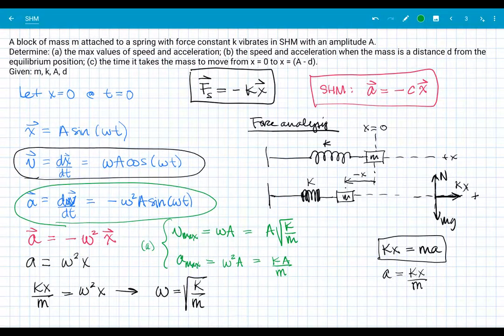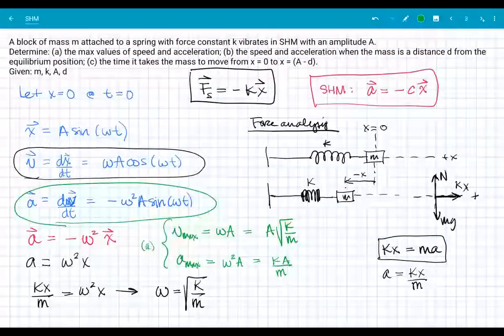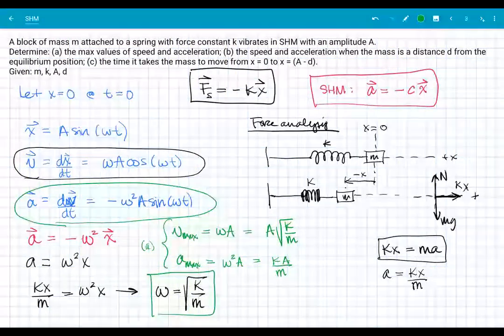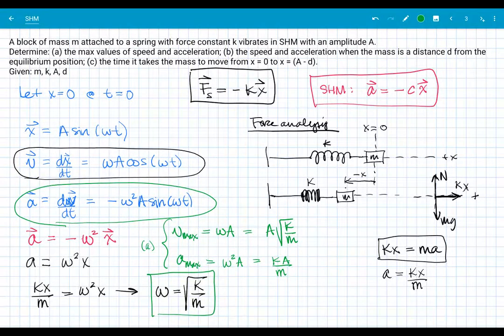All right, moving on. The speed and acceleration when the mass is some distance d from the equilibrium position. Well, I already have my velocity and acceleration functions, right? I have those two functions, and I just need to find what those would be at x equal d, so I can substitute into those. And note that in place of the omega, I know that that's equal to root k over m, so I can substitute that in for omega.